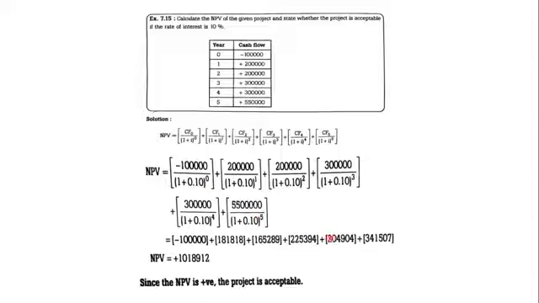Simply do the summation of all these calculations and you will get the NPV as 10,18,912. Your answer is positive, which means the project is accepted.